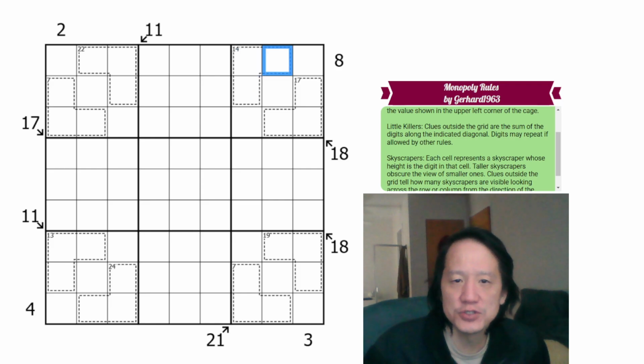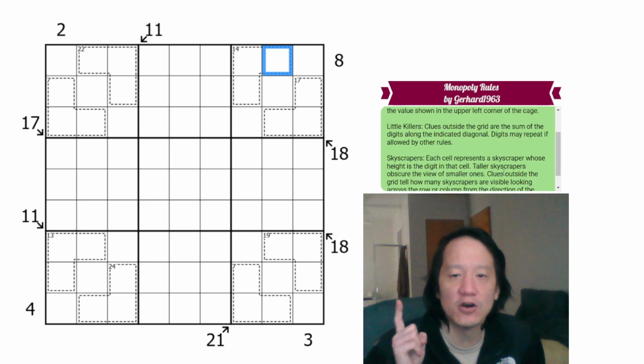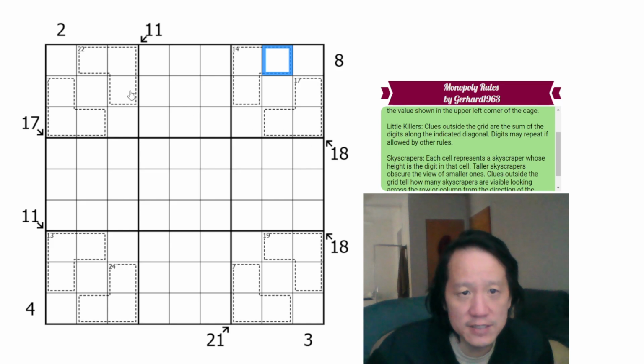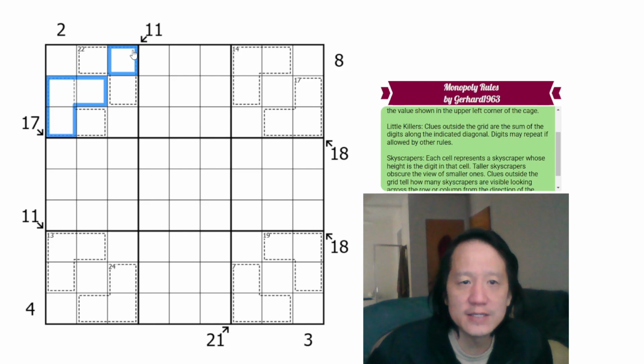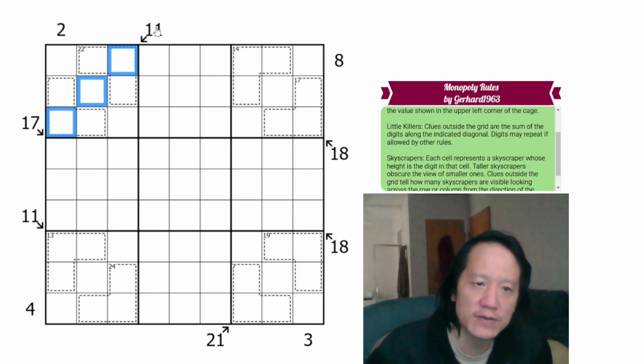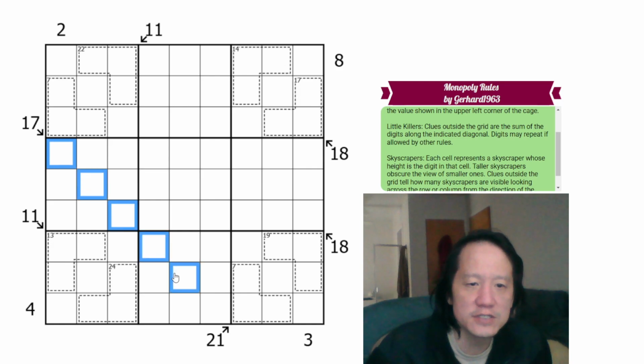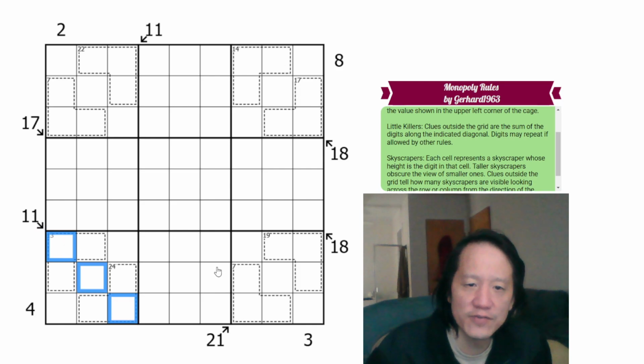Little killers. Clues outside the grid are the sum of the digits along the indicated diagonal. Digits may repeat if allowed by other rules. And that's these digits that have an arrow with them, right? So that's saying that these digits on the diagonal add up to 11. These digits along this diagonal must add up to 17. These three digits along this diagonal must add up to 11.